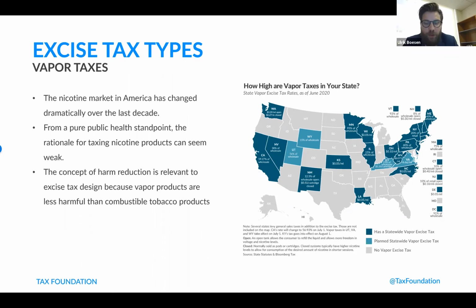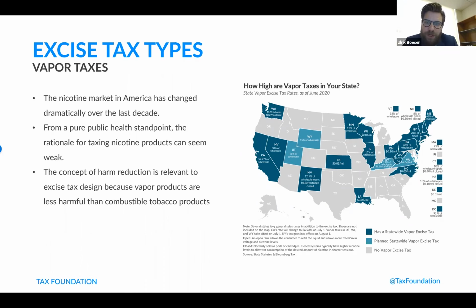That will take away the encouragement for current smokers to substitute to a less harmful product. And it also misses the mark on capturing the externality. If tobacco taxes capture the externality associated with tobacco smoking, vapor taxes should capture the externality associated with vaping, which is going to be much lower.